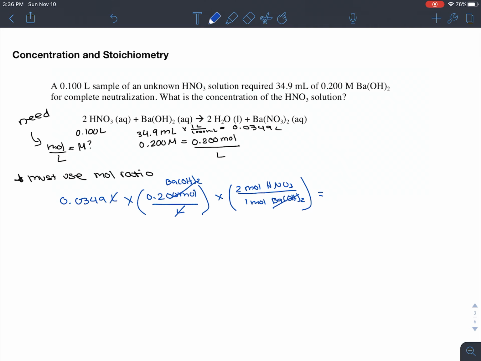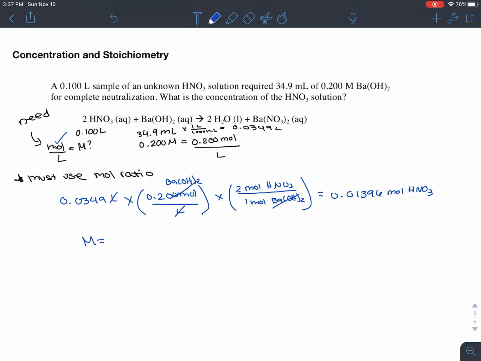This then cancels out my moles of barium hydroxide, and I'm left with moles of nitric acid. So 0.0349 times 0.2, multiplied by 2, gives you 0.01396 moles of nitric acid.